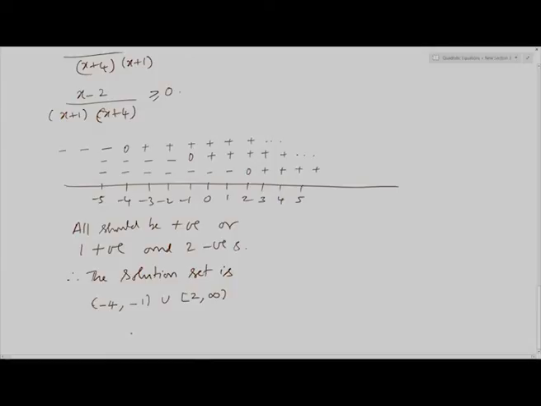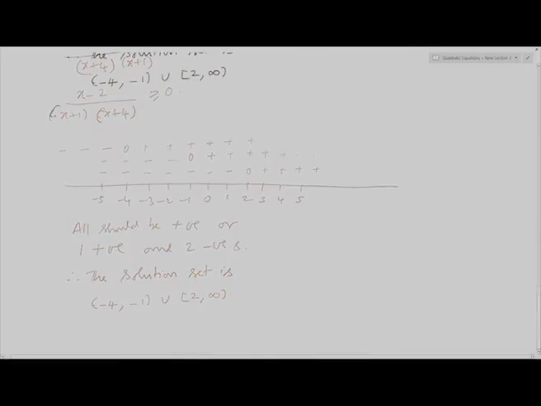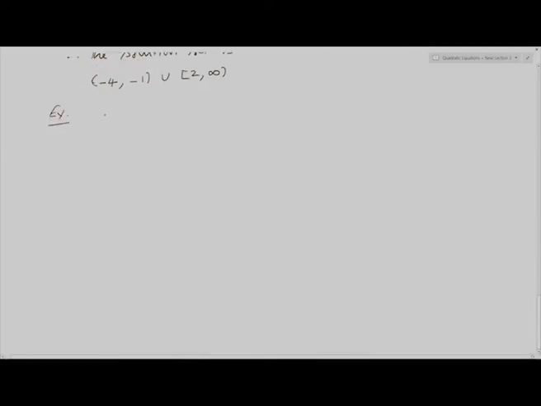Now let us consider a quadratic inequality. Let us consider this term: x square minus 2x minus 1 divided by x plus 1, less than x. So as I said, we should not cross multiply, we should immediately take the x term to the left side so that the right hand side is 0.